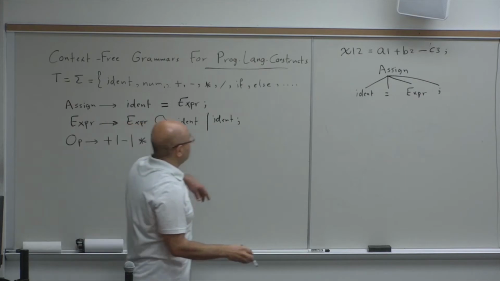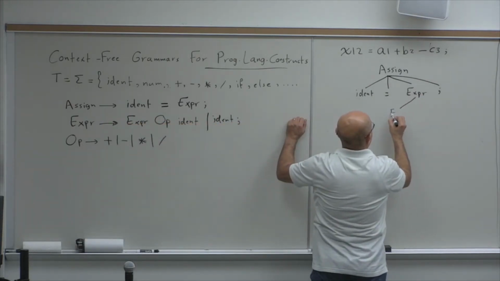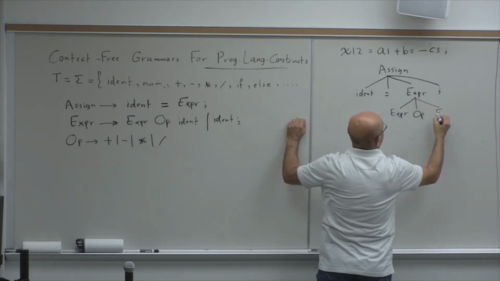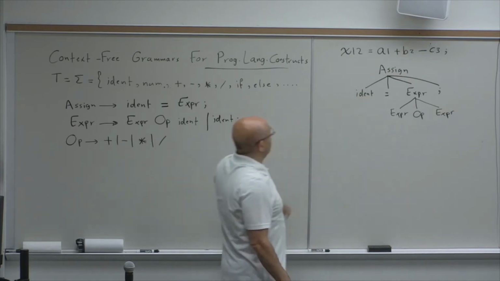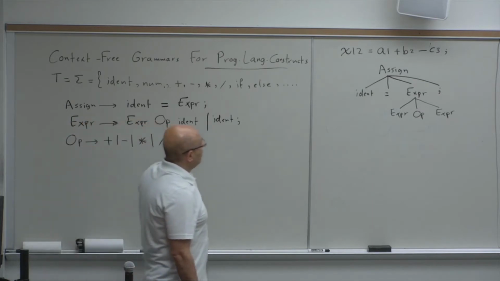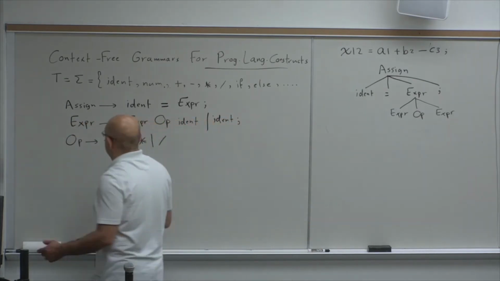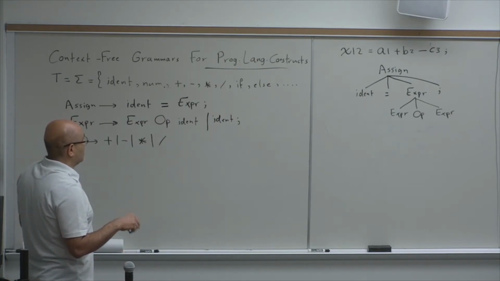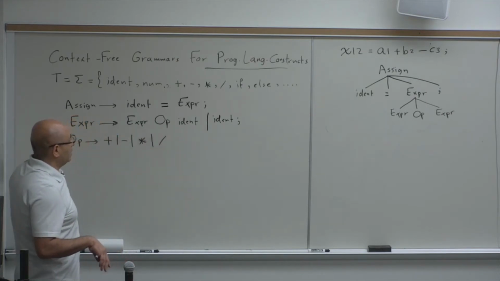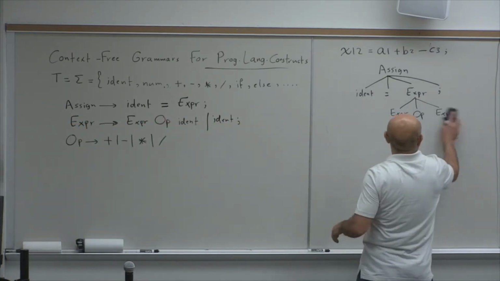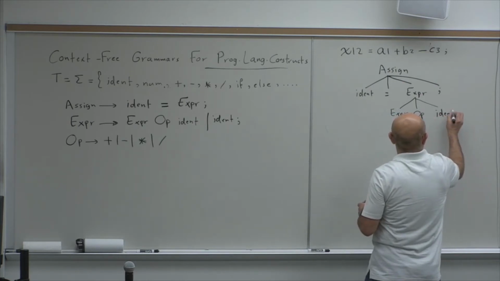And then our expression is expression op expression, okay, and then one of these expressions is going to be just a single identifier, and the other expression is going to be expression op identifier. Sorry, we don't have expression op expression. We have expression op identifier.